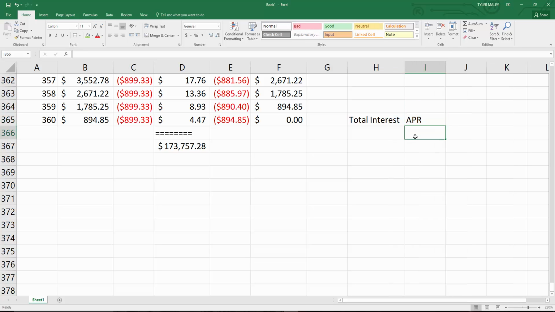Originally we had an APR of 6%. So if my APR is 6%, then I'm going to pay $173,757.28 total. Let me put this in accounting format. So I'm working with these values here.